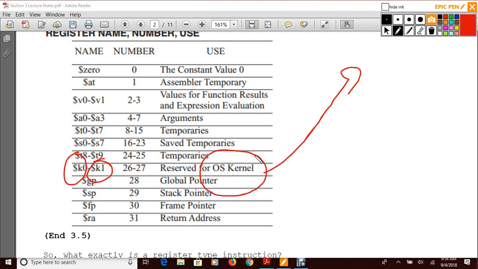For those of you who don't know what I'm talking about, the kernel, and we're not going to define it in this course, but the kernel is the portion of the operating system that cannot be manipulated with any programming. It's specifically protected to ensure that it's maintaining the proper operation.